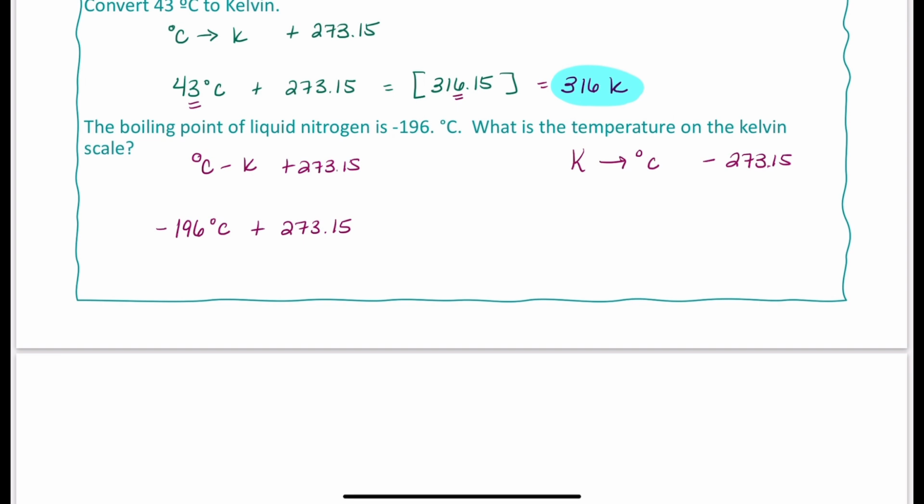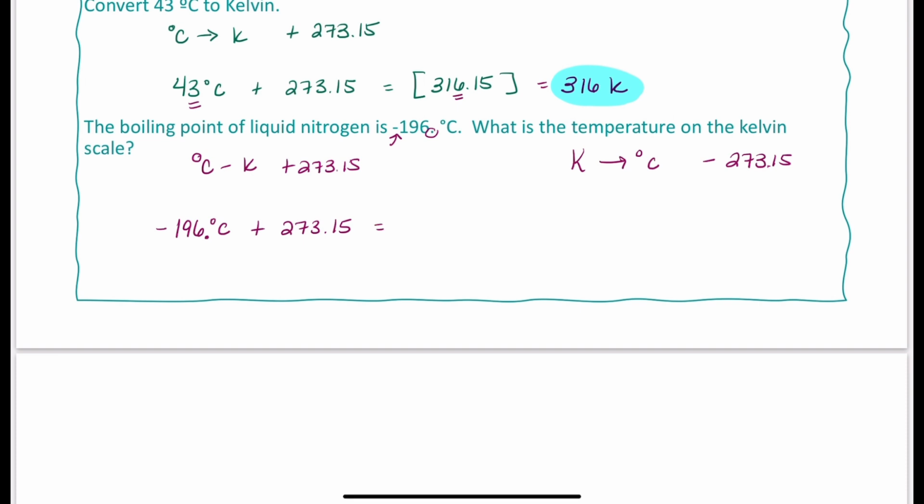Negative 196 plus 273.15. Students want to miss that negative. It is important. You have to plug it in your calculator. It is a negative temperature. That doesn't mean it's a negative number, it just means it's below zero. It's really cold. Negative 196 does have a decimal place shown there, but it doesn't much matter if the decimal place is there. The decimal places are really important if you have zeros. When they're integers, they're always significant.